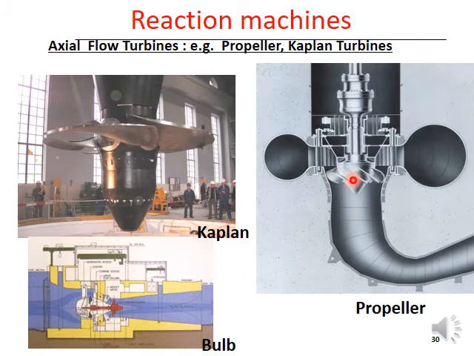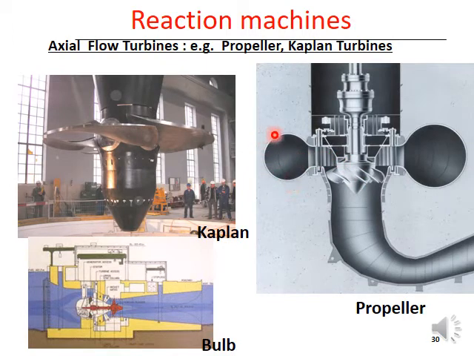Now these are the blades of the impeller, and there is a mechanism here through which these blades can also be turned. So this angle slope here can be adjusted to control the discharge through the machine.